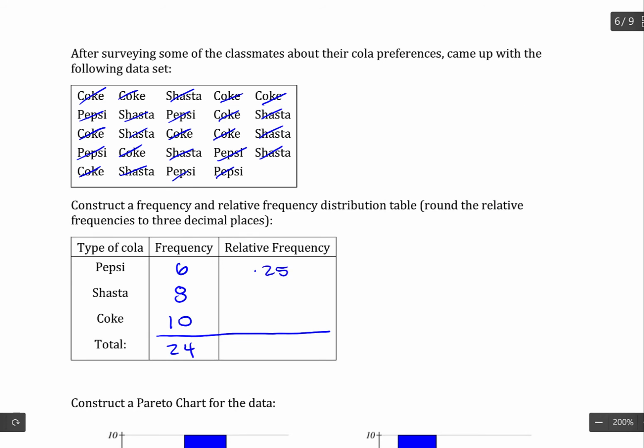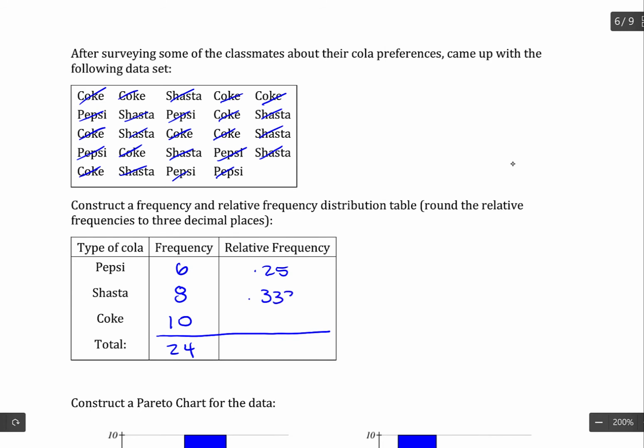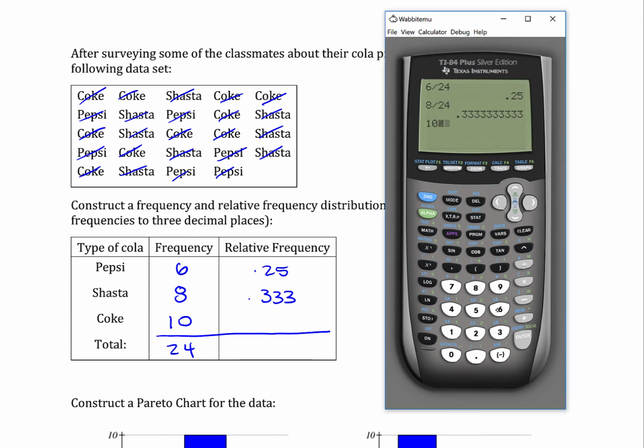So 25% of people surveyed preferred Pepsi. Shasta, there's 8 people out of 24, which is 0.333. We'll just take it to 3 decimal places as requested. And for Coke, that's 10 over 24, which is 0.417.